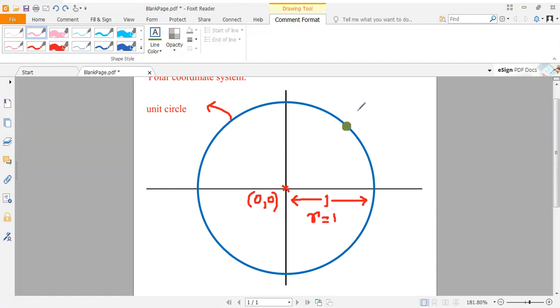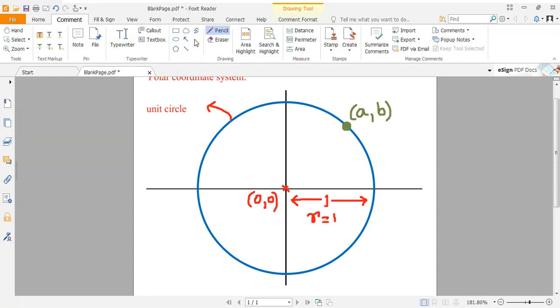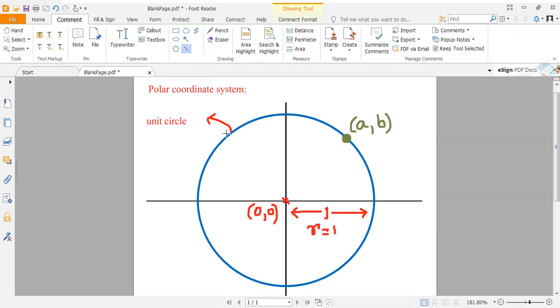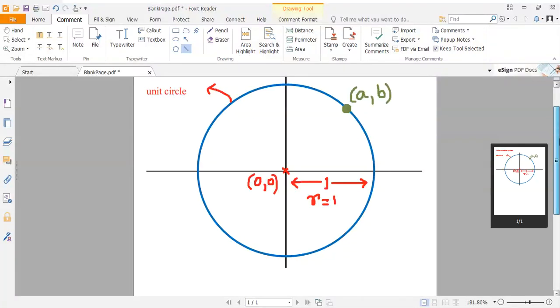Based on the coordinate system that we know of, the location of this point is (a, b). That is the location we know so far, and I want to find out the location of the same point in terms of the polar coordinate system.